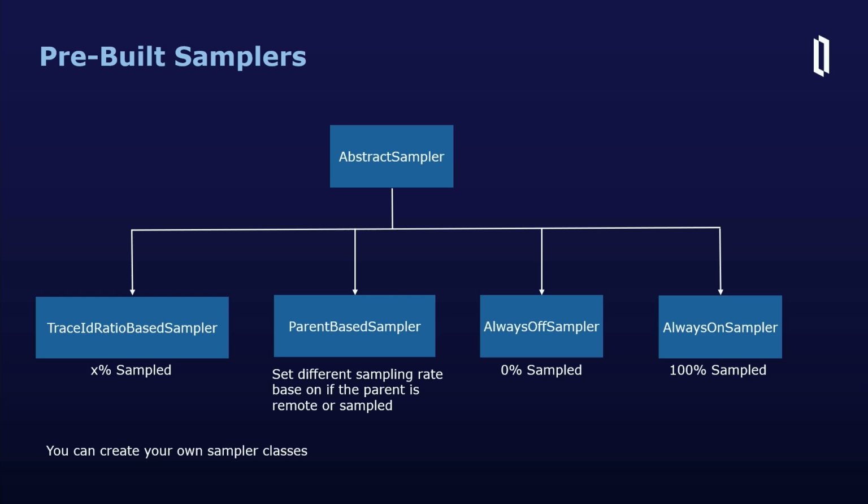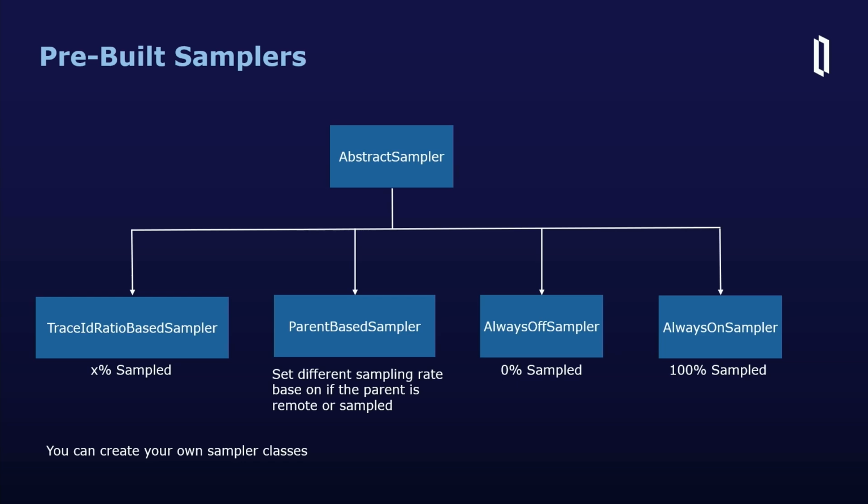This is a little bit different because you can set different sampling rates based on whether the parent is remote or sampled. For example, I can say if the parent is sampled, we decide to also sample its child. If the parent is not, then we drop the child. And we can also do similar things to the remote spans.